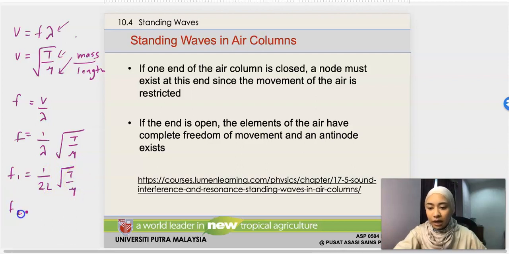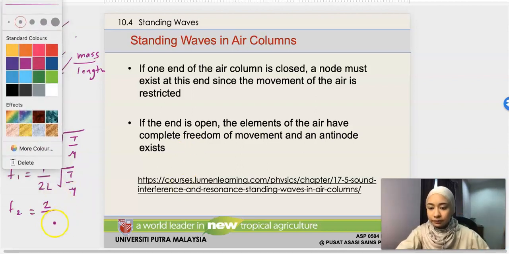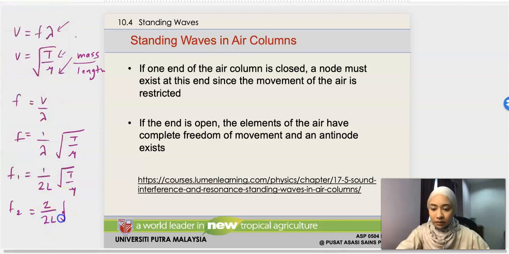And then for f2, the second harmonic, we had 2 over 2L square root T over mu, and for the third harmonic we had 3 over 2L square root T over mu.